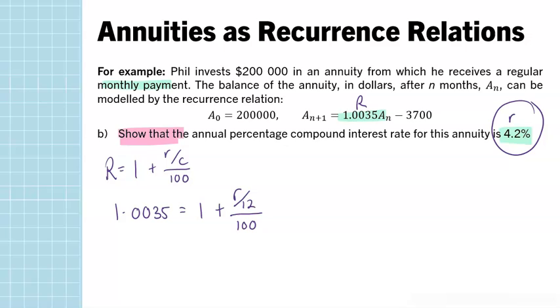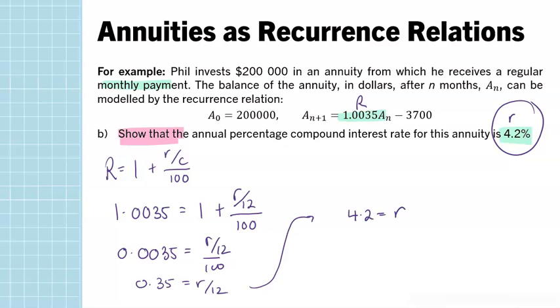If we subtract 1 across, 0.0035, we can multiply our 100 across, and then finally multiply 12 across, and we get the rate as 4.2%.